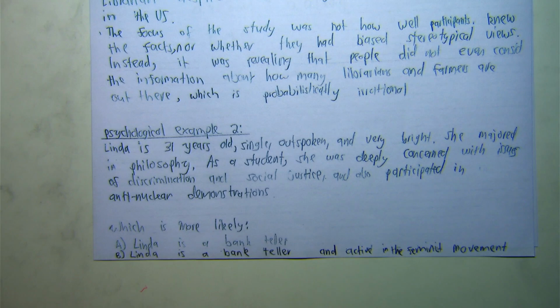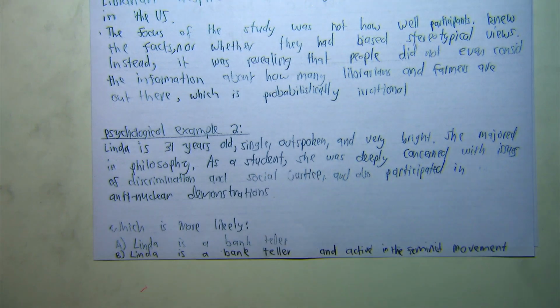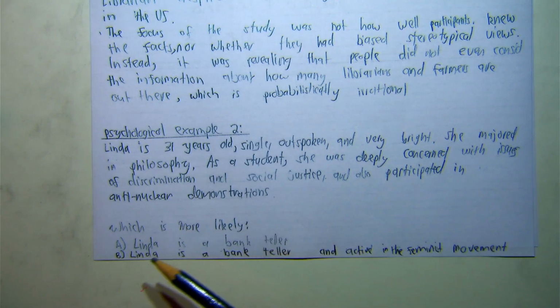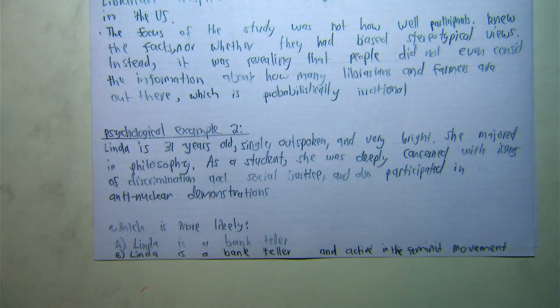So we've got this question for you. Hopefully your trust in these questions hasn't been betrayed from the first one. But the idea is that if we look at this description of Linda, we've got single, outspoken, bright, majored in philosophy, deeply concerned with issues of discrimination and social justice, participated in anti-nuclear demonstrations, so she's very proactive as a person.